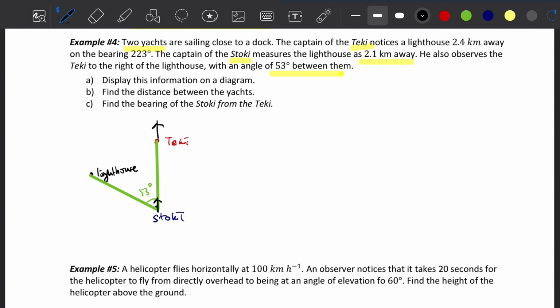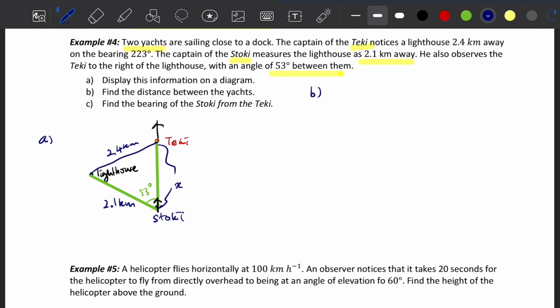The distance between the lighthouse and Taki is 2.4 kilometers, and the distance between the lighthouse and Stoki is 2.1 kilometers. For question A, we need to display this information on a diagram, so we already did. For question B, we need to find the distance between the yachts, so we need to find this distance.